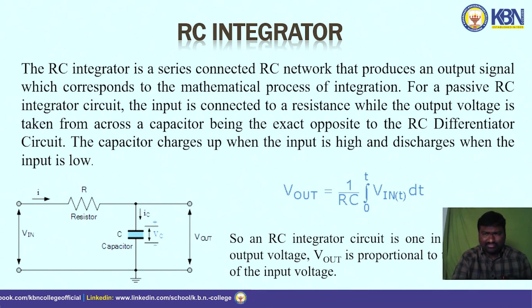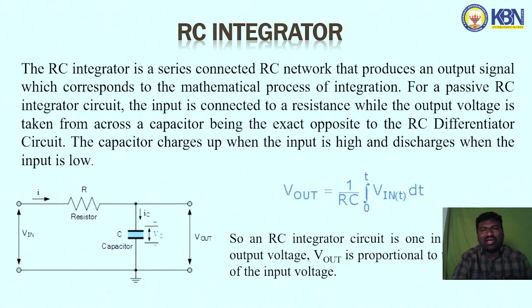For a passive RC integrator circuit, the input is connected to a resistance while the output voltage is taken across the capacitor, being the exact opposite of the RC differentiator circuit. The capacitor charges up when the input signal is high and discharges when the input signal is low.